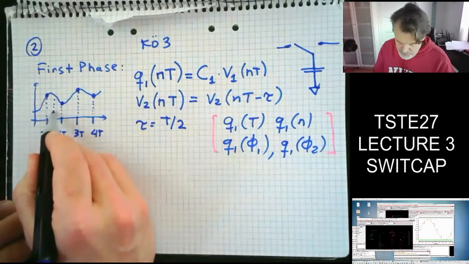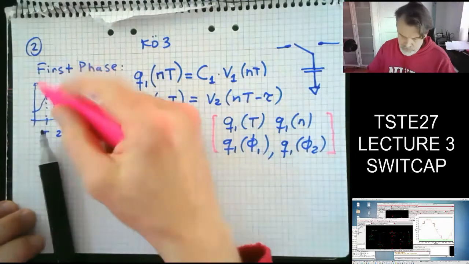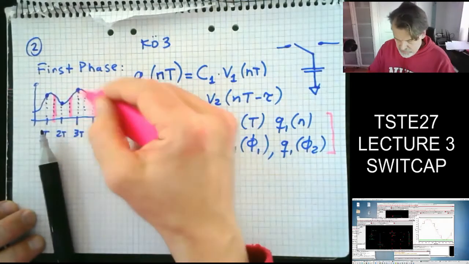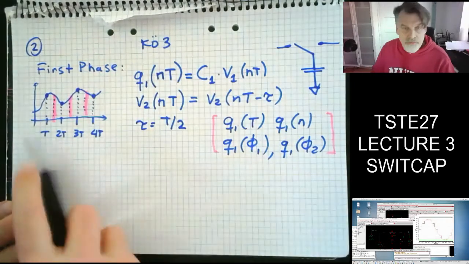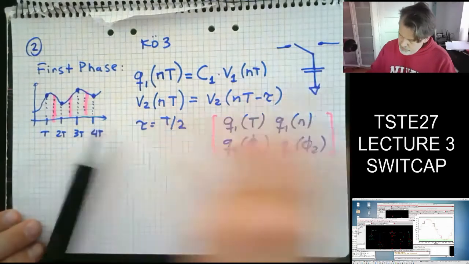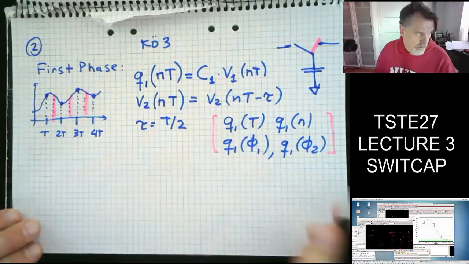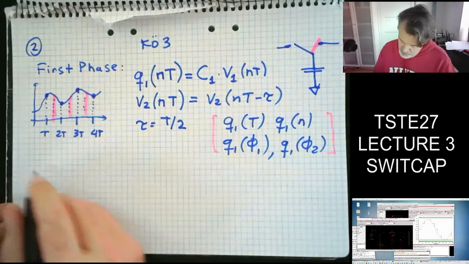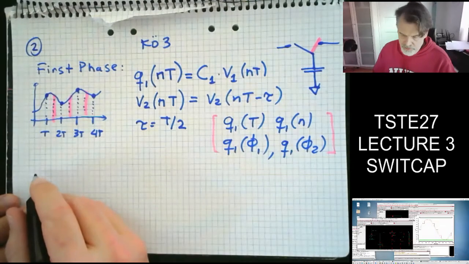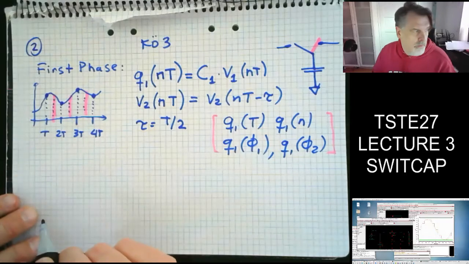Okay, so I'm going to look at the middle points between the different T's. The switch is now connected this way instead. So what happens now? Well, V1 we don't know anything about. In fact, we don't care because it's not connected to the system.